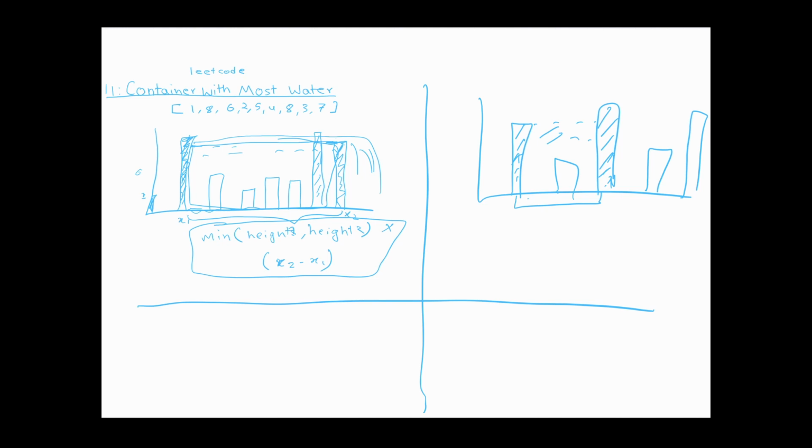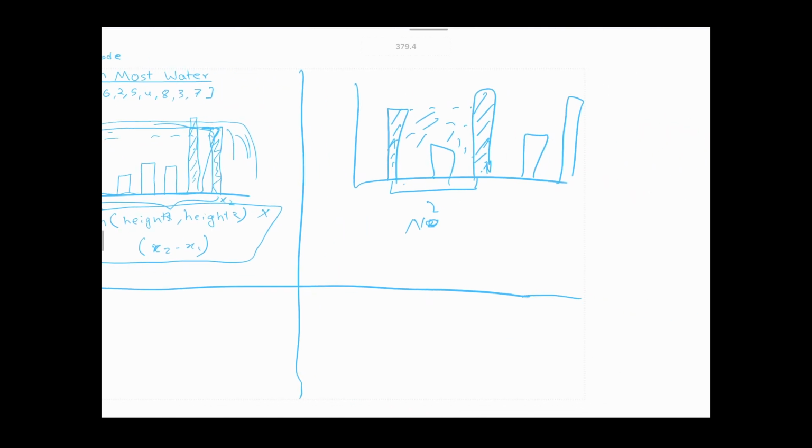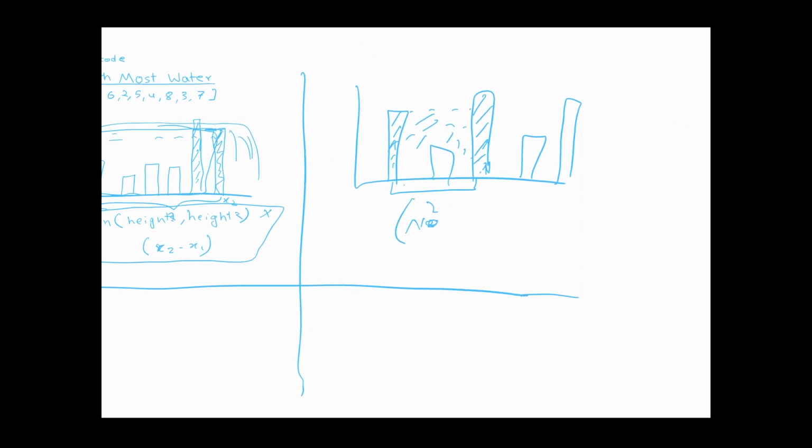In one loop we take one pillar, and in the other loop we take the rest of the pillars and solve for all of them, so it is n square. But is that the most efficient that we can do? Because n square is a pretty high complexity. So is there a way to do it better?